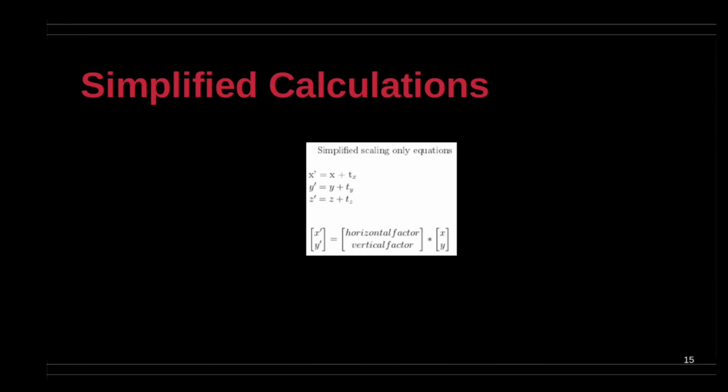The new x-coordinate value is the sum of the original x-coordinate value plus the horizontal translation factor. Similarly, the new y-coordinate value is the sum of the original y-coordinate value plus the vertical translation factor.